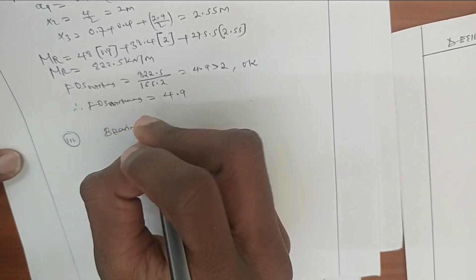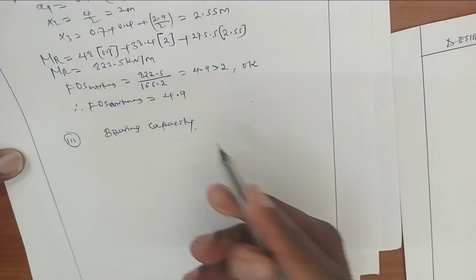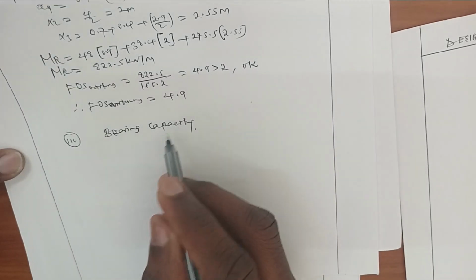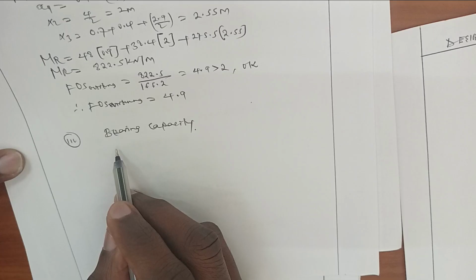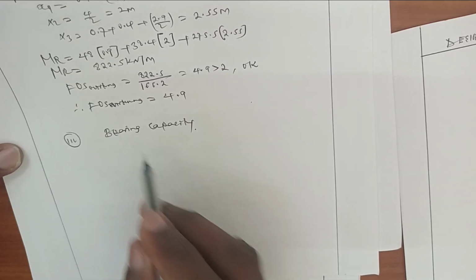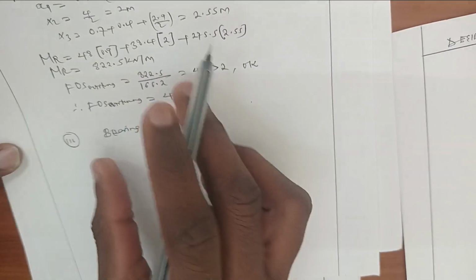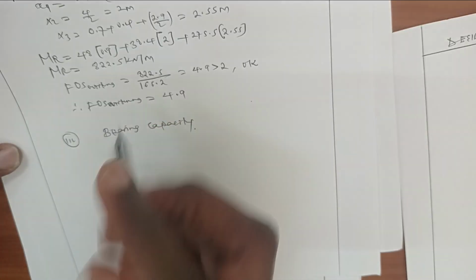Failure may occur if the pressure exerted by the wall is greater than the pressure exerted by the soil. So, factor of safety against this bearing pressure.